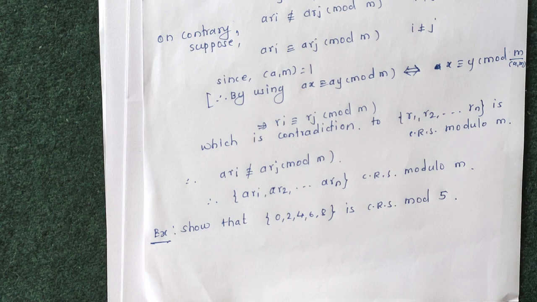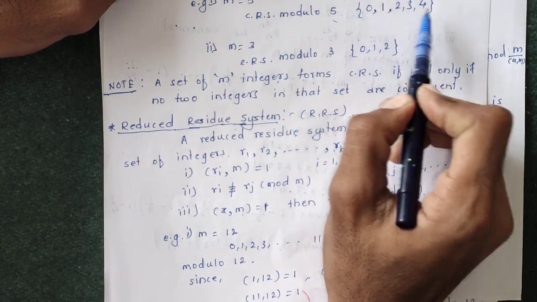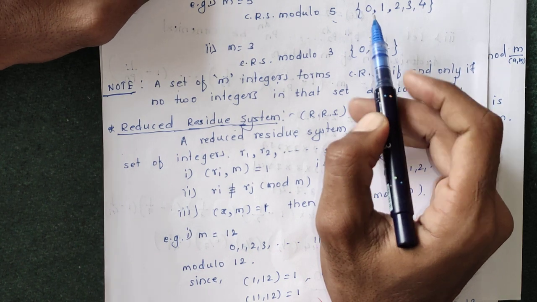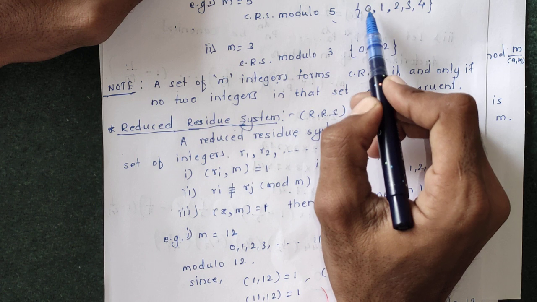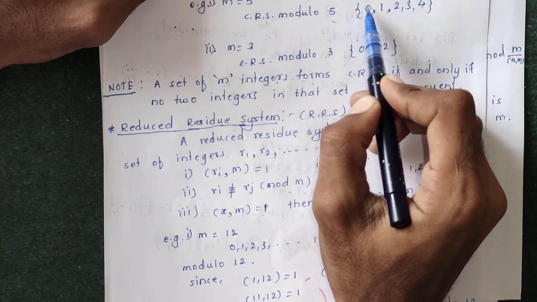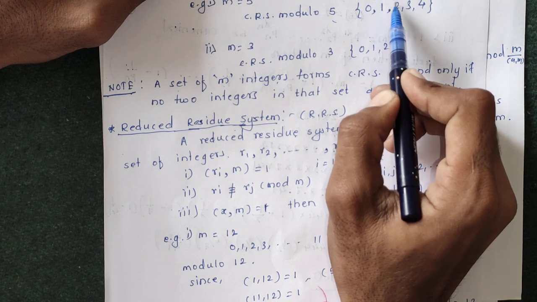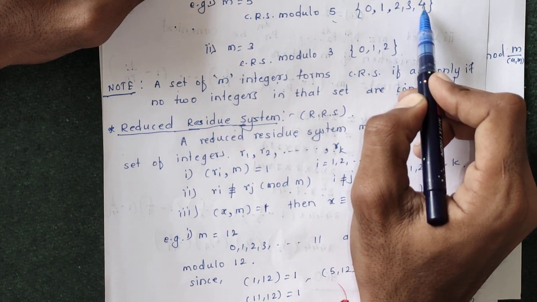We have seen earlier that for m equal to 5, the C.R.S. is 0, 1, 2, 3, 4. So if you take A equal to 2 and multiply every integer by 2, we get 2 into 0 is 0, 2 into 1 is 2, 2 into 2 is 4, 2 into 3 is 6, and 2 into 4 is 8.